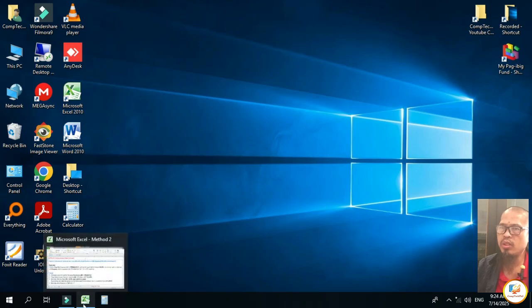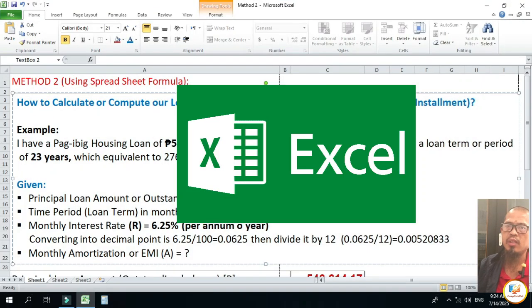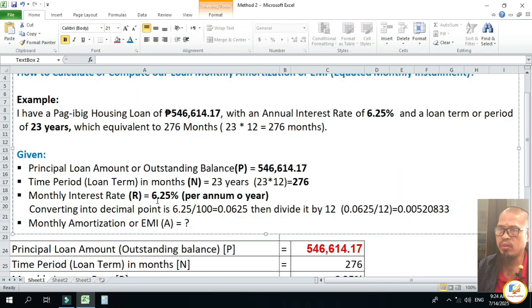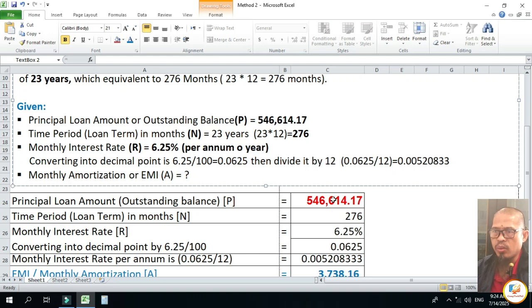We're going to use a spreadsheet or Excel sheet. So we're going to erase first this one.